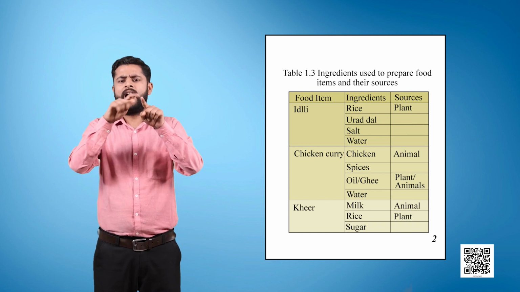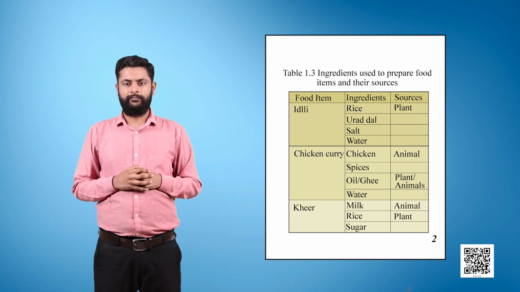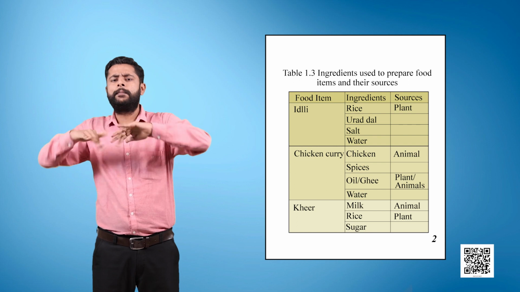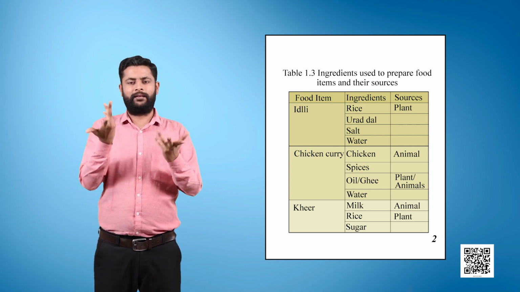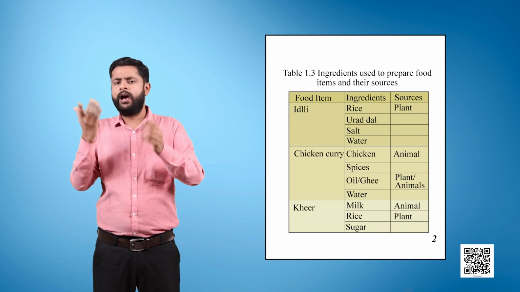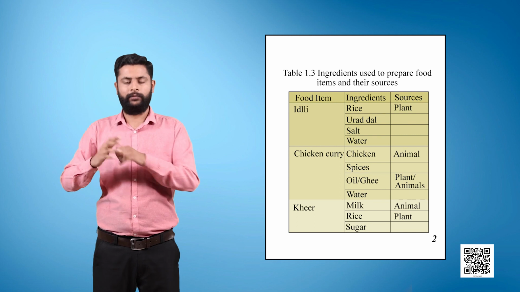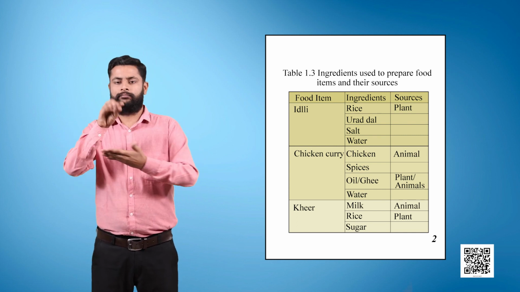Food item, chicken curry. Ingredients, chicken. Sources, animal. Ingredients, spices. Sources, blank. Ingredients, oil or ghee. Sources, plants or animals. Ingredients, water.